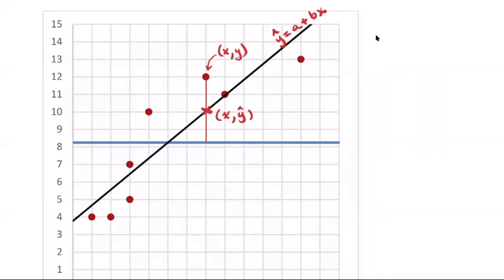It's an error. That's this distance here. Let's label it residual, and in parentheses, the residual is y minus y hat. It's a vertical distance, so you subtract the y coordinates.